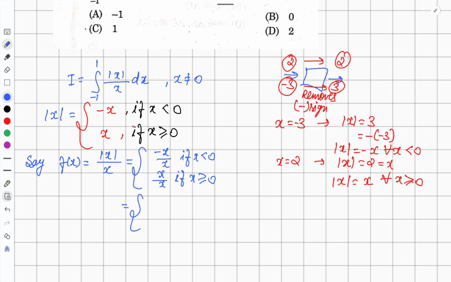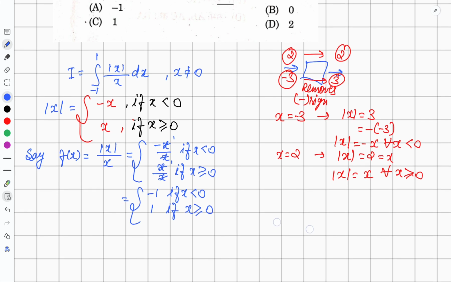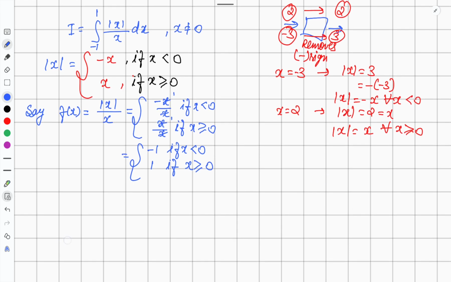The x will cancel out. It is minus 1 if x is less than 0, and 1 if x is greater than or equal to 0. So this is how mod x by x works out: minus 1 for x less than 0 and plus 1 for x greater than or equal to 0.